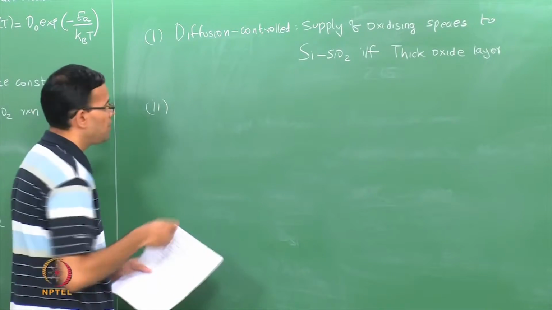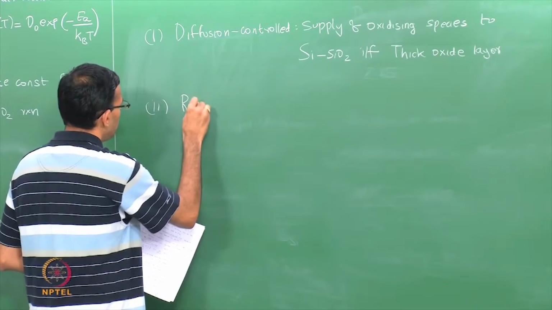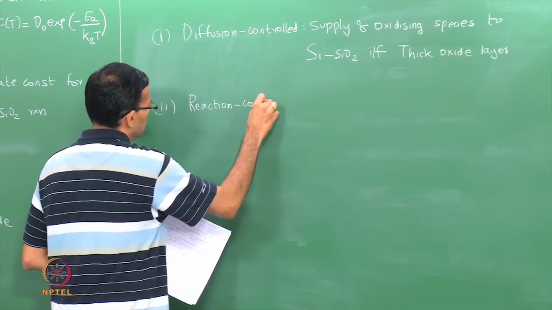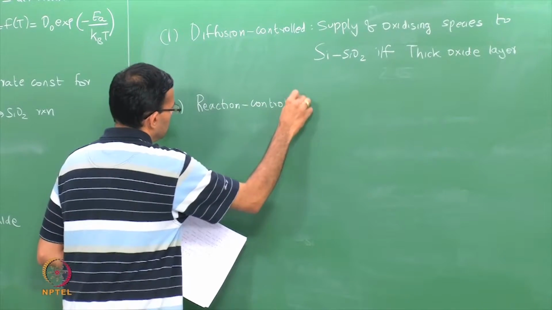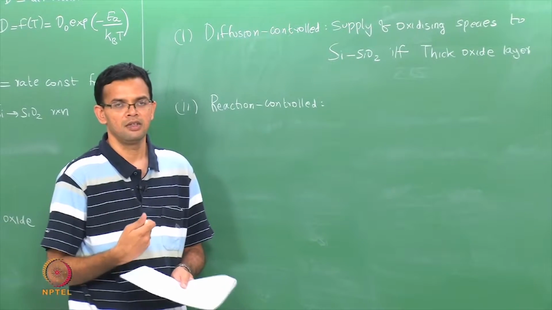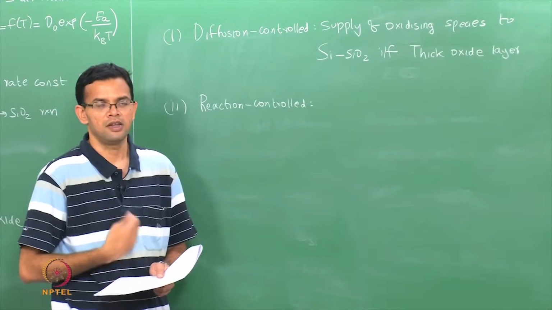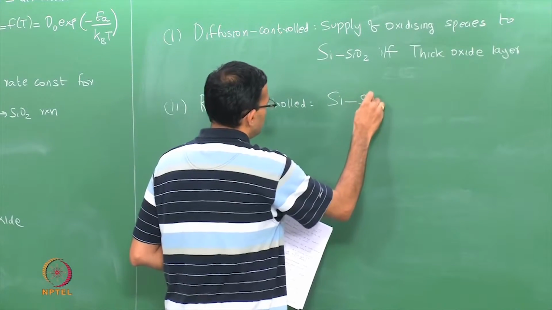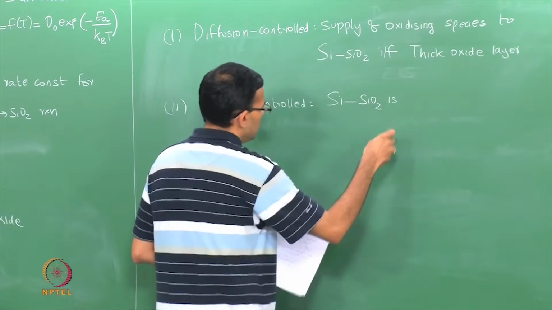The other extreme case is called reaction controlled. So, in this case, the conversion of silicon to silicon dioxide, that is the rate of the process, is the limiting step. So, Si to SiO2 is limiting.